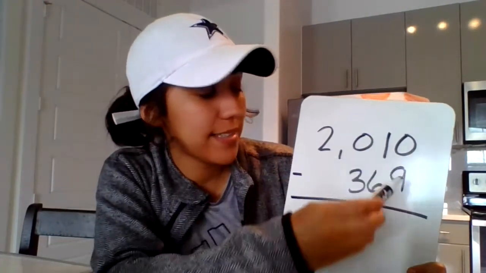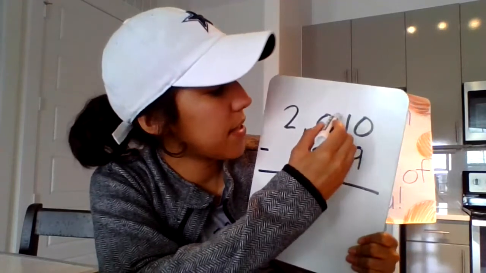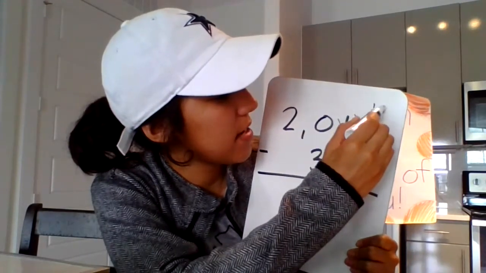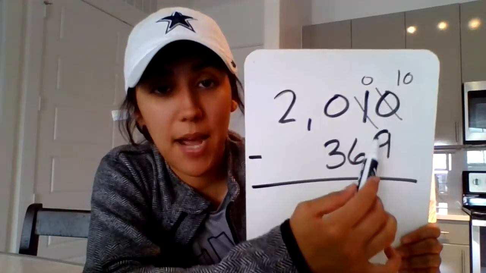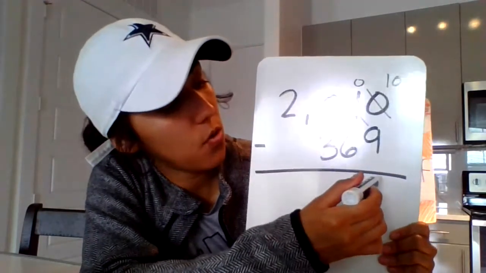Okay? And let's start subtracting. 0 minus 9. I know I can't do that, so I'm going to go to my neighbor and borrow. The 1 is going to give us 1, so it's going to make that a 10, and that 1 becomes a 0, just like that. 10 minus 9 equals 1.